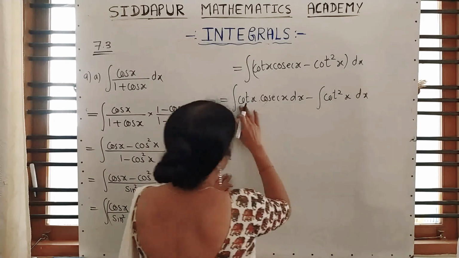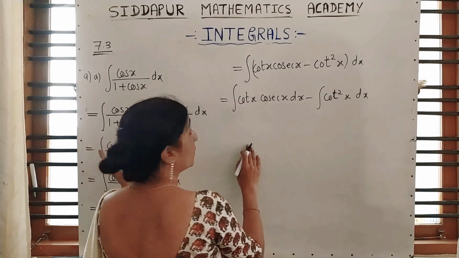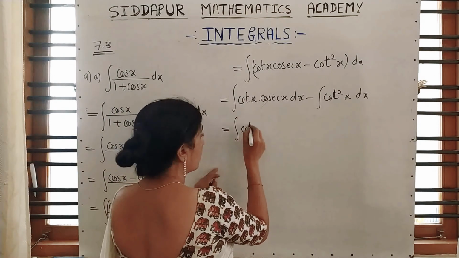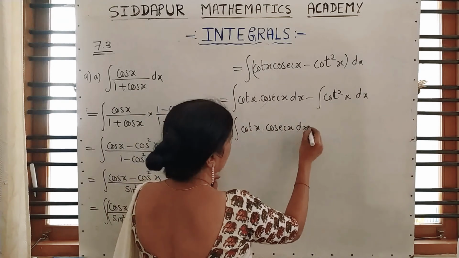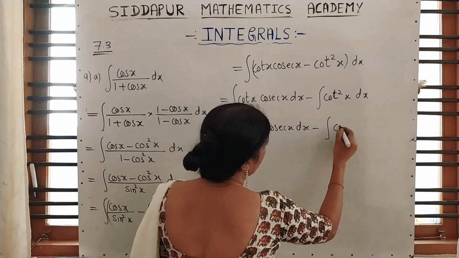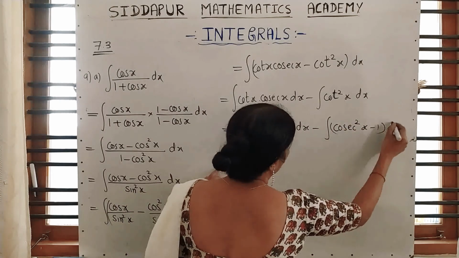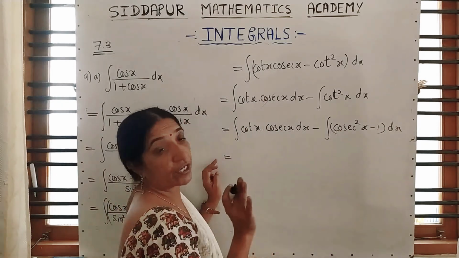And here we are familiar with this integration, but we don't know cot square x, like the previous sum, that is question number 8b. You know how to split cot square x. Cot square x will be written as cosecant square x minus 1. Now see the formula list. What is the integration of cot into cosecant?